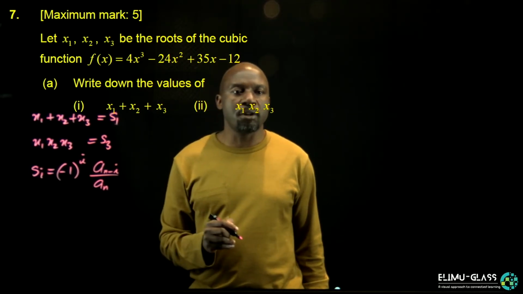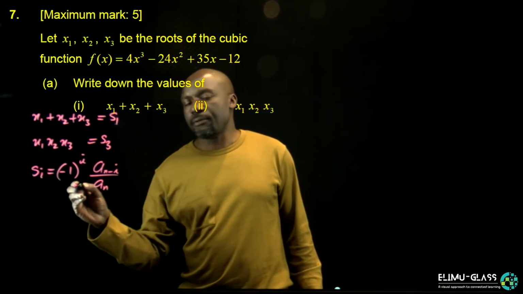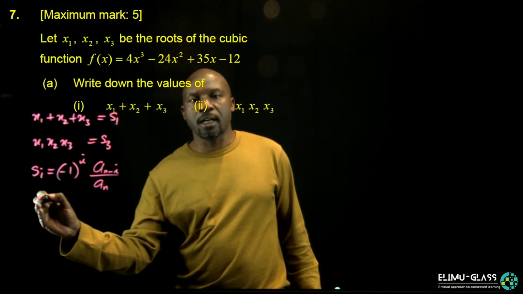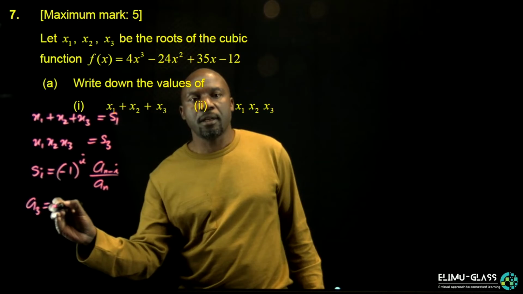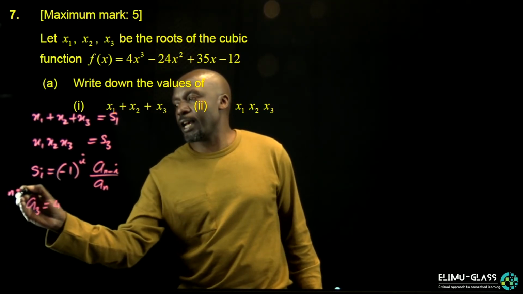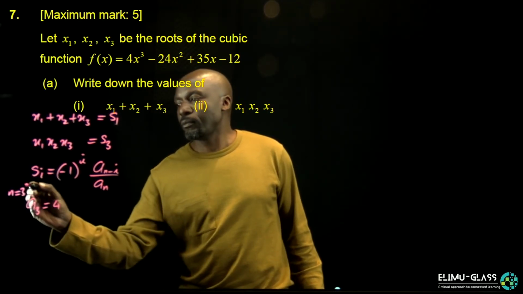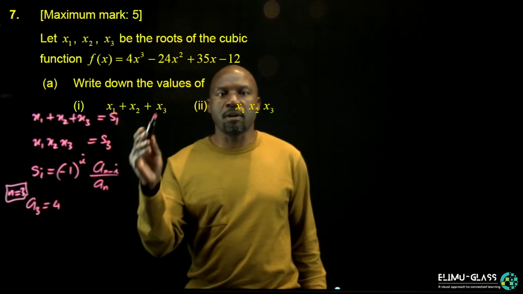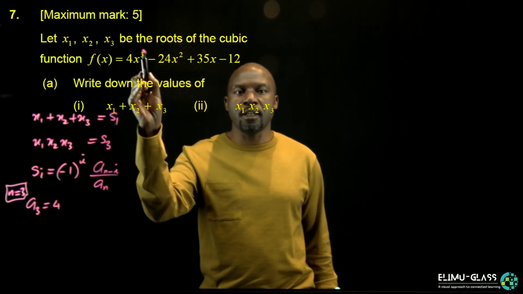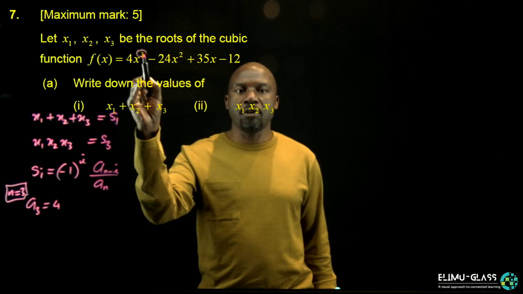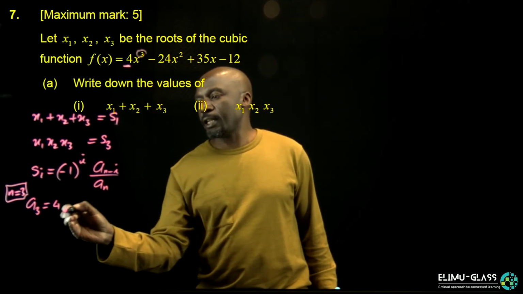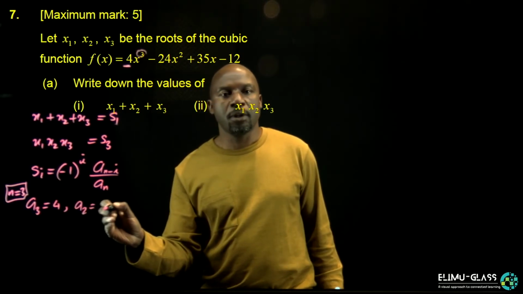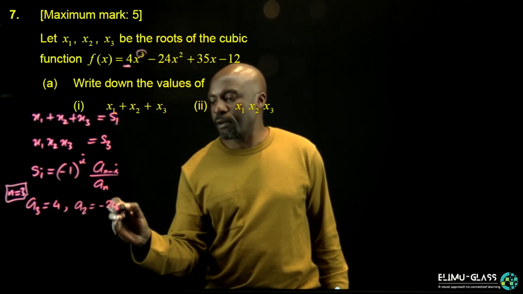This is a polynomial of degree 3, and therefore we can write this as, so our a3 is 4. So first of all, n is 3, because the highest power of the polynomial there is 3. Its coefficient, the coefficient of x to the power 3 is a3. So a3 is that. a2 from there is 24.